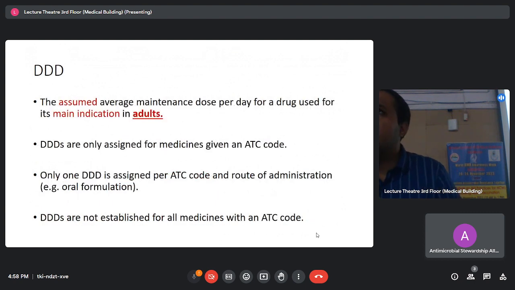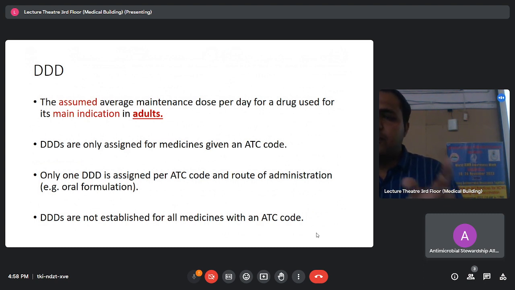Then how does WHO define the defined daily dose? It is the assumed average maintenance dose per day for a drug for its main indication. So it is basically the amount. Days of therapy was the duration, here we are taking into consideration the amount of antibiotic that has been prescribed.